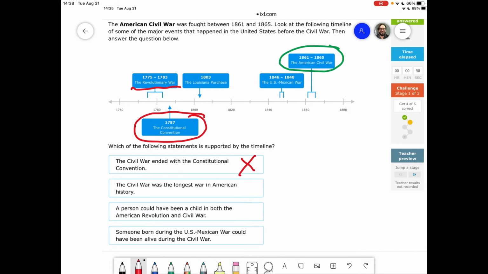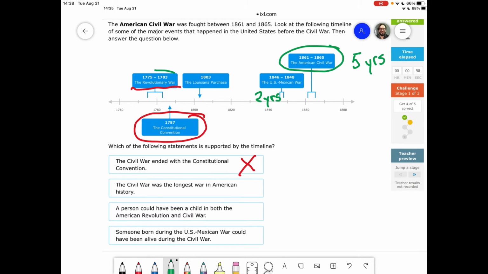The Civil War was the longest war in American history. Well, the Civil War took place from 1861 to 1865, which is approximately 5 years. The U.S.-Mexican War was from 1846 to 1848, which was approximately 2 years.